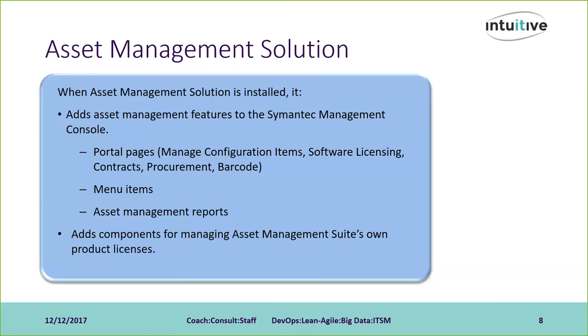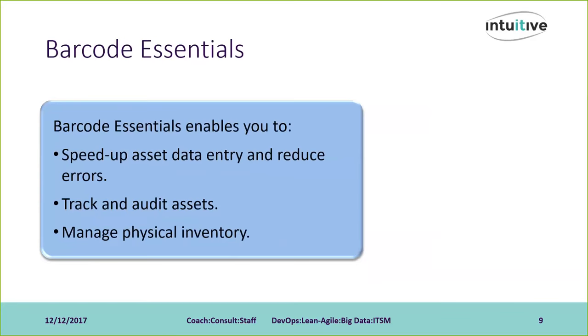Also, the asset management menu items are added. There's also a set of built-in console reports that are added to the console. And components required to manage Asset Management Suite's own product licenses are added to the SIM, which is the Symantec Installation Manager, where you manage your license counts.